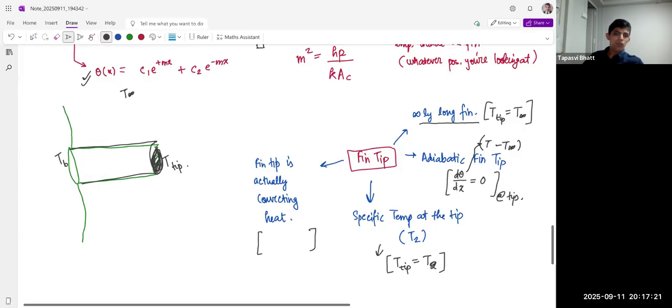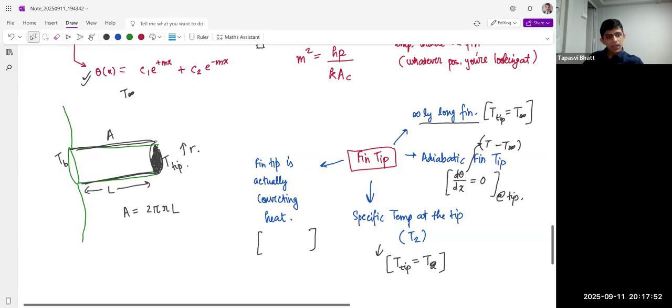But what if this also is convecting? What's going to happen in that case? It's very easy. Usually we took this curved surface area as the area. If this were a cylinder, we would have taken area equals 2 pi r times L, where L is the length of the fin and r is the radius.